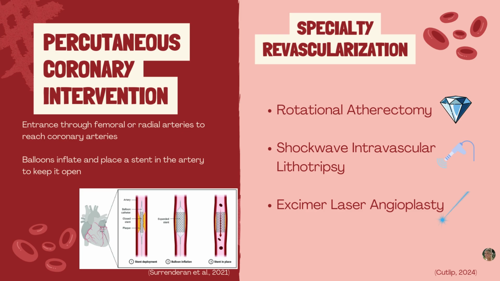I did want to talk about some specialty revascularization techniques that are commonly used for the treatment of coronary heart disease, specifically in the case of very hard plaques that are difficult for the balloon to reinflate, and just more complicated revascularization. One of them is rotational atherectomy.